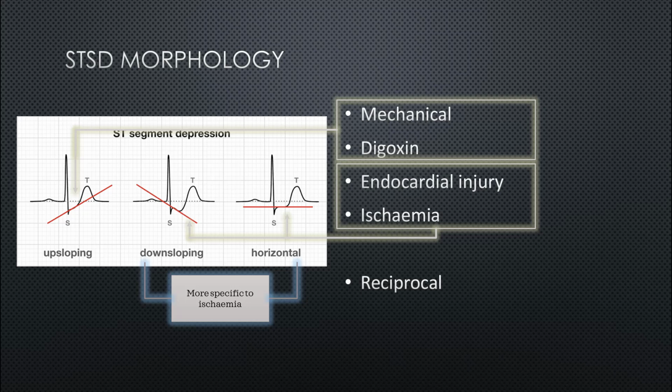The hallmark of ischemia or infarction-based ST segment depression is a downsloping of the initial part of the ST segment. Infarction is more likely if the T wave is inverted in the same lead. Now, should the ST segment be horizontal, ischemia is also a very likely culprit.